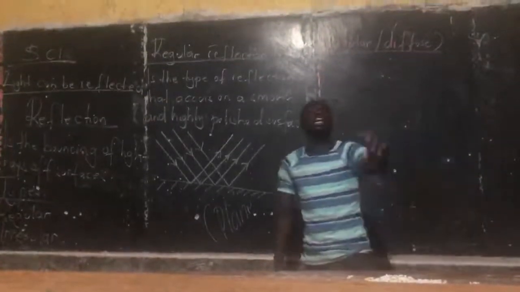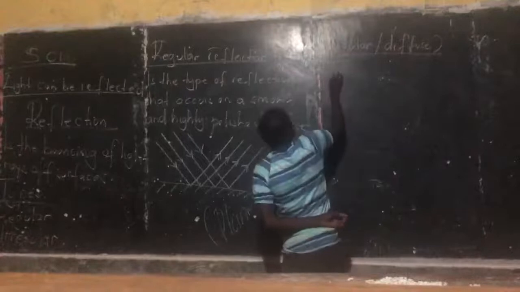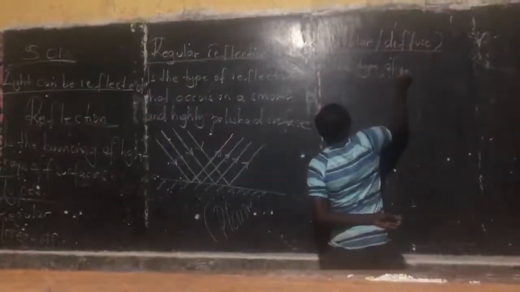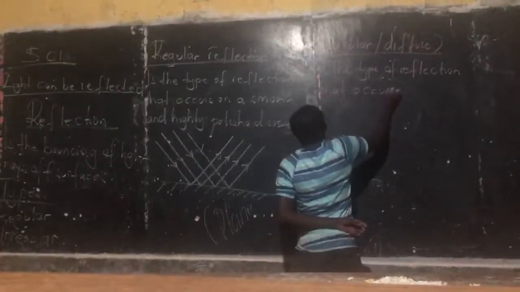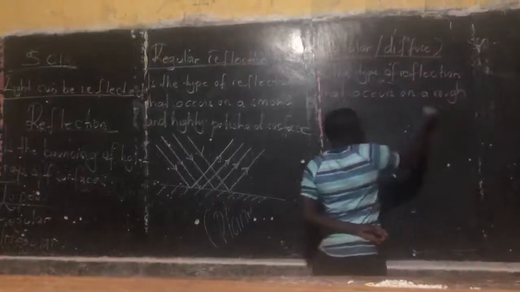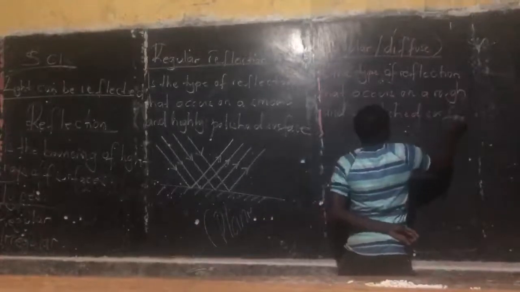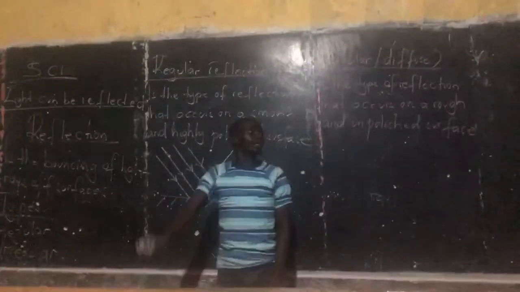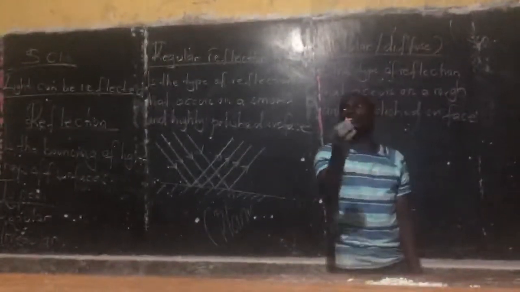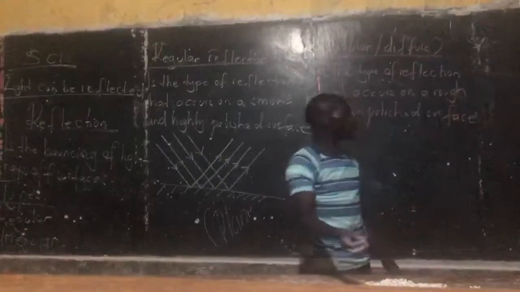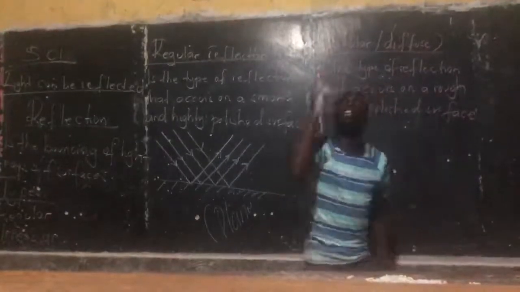Irregular reflection is the type of reflection that occurs on a rough and unpolished surface. The surface is rough and unpolished.